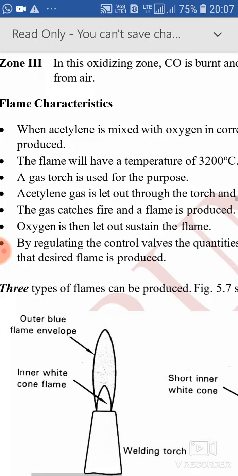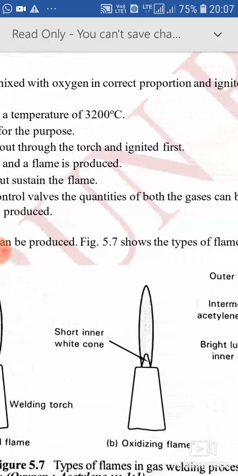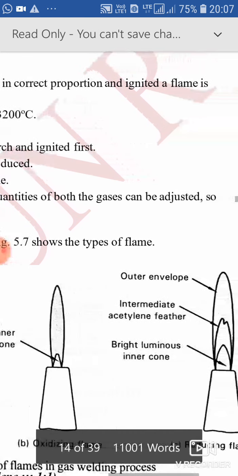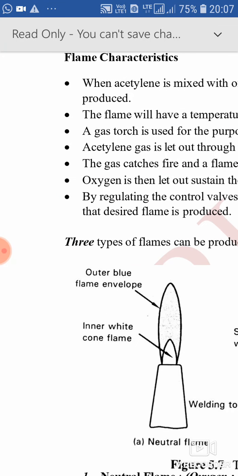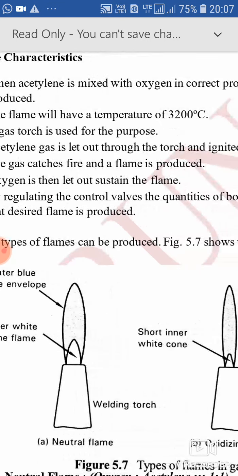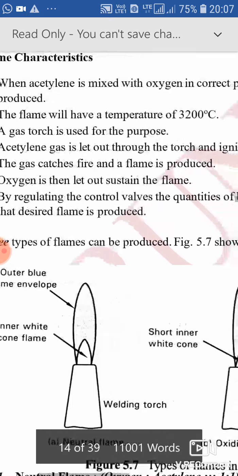When acetylene is mixed with oxygen in the correct proportion, that is 1:1, one oxygen and one acetylene by volume, and ignited, a flame is obtained. This flame has a temperature of around 3200 degrees centigrade. A gas torch is used for the purpose.